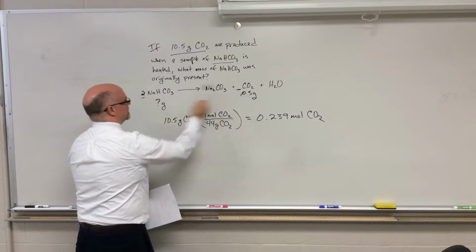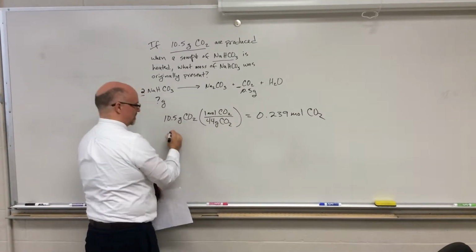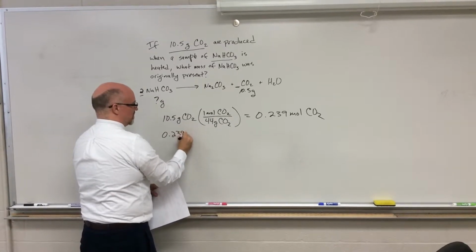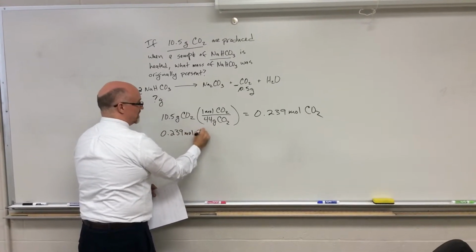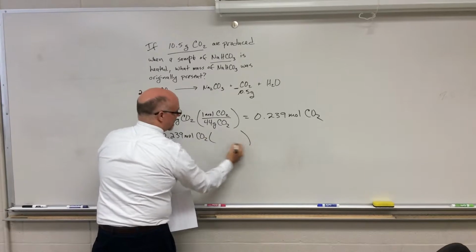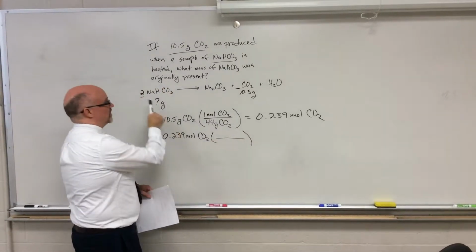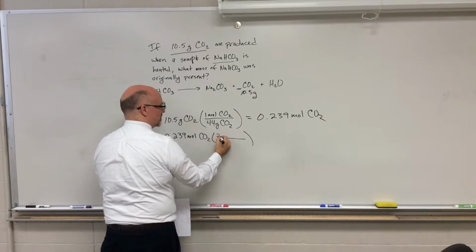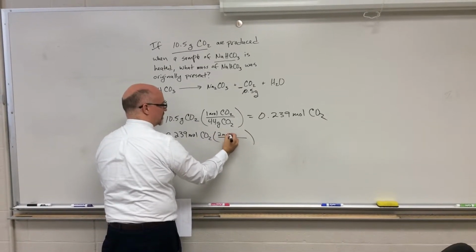I have to relate these two to each other now. So that 0.239 moles of CO2, I need to find out how many moles of baking soda that corresponds to. So what I want goes on top.